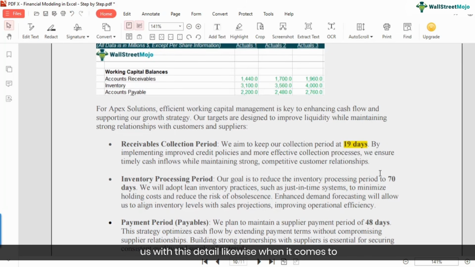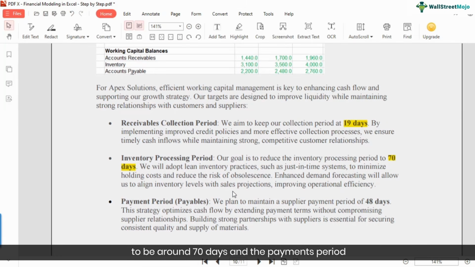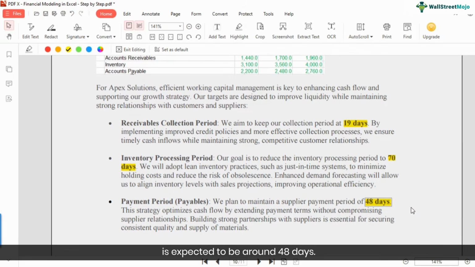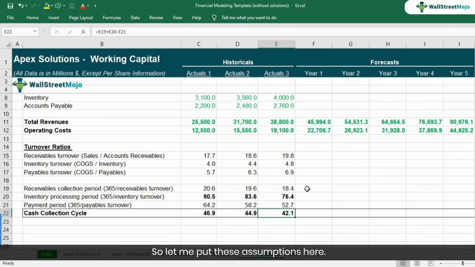Likewise, inventory processing days are expected to be around 70 days, and the payments period is expected to be around 48 days. So these are basically our assumptions that we are going to use for the future years: 19, 70, and 48. So let me put these assumptions here: 19, 70, and 48.